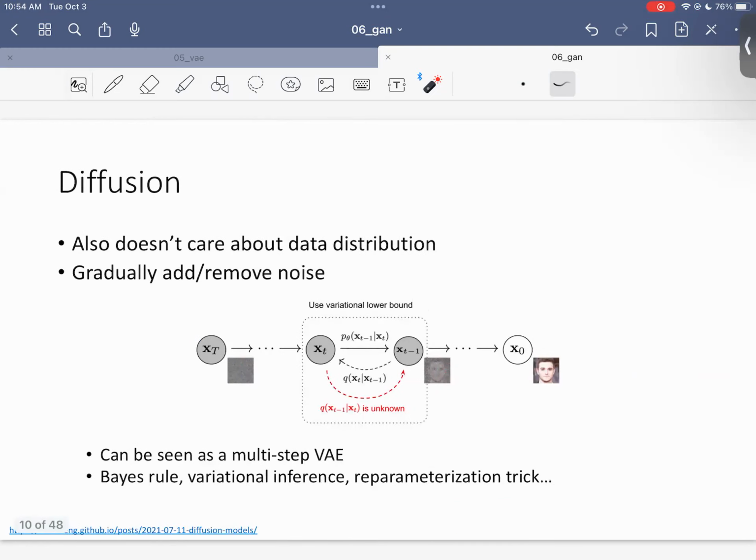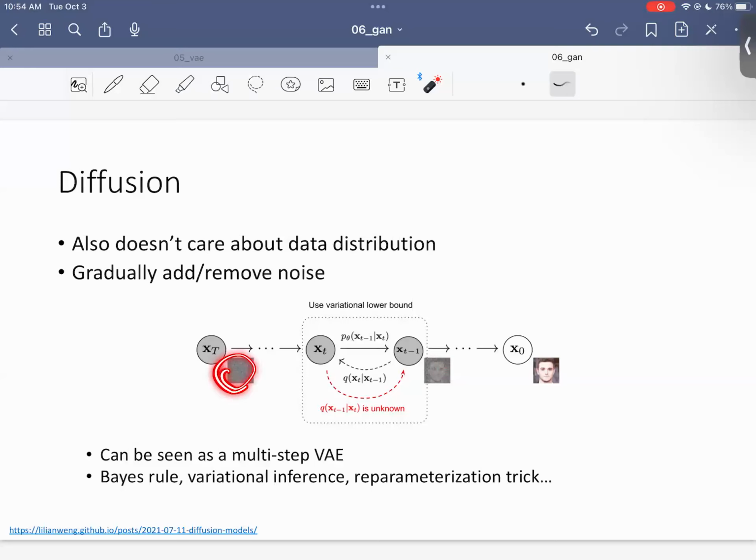There's something called diffusion, which also doesn't care about the data distribution. You can think of diffusion, which we will learn in several weeks from now, as a chain of VAEs, or a multi-step VAE, because we slowly remove the noise.